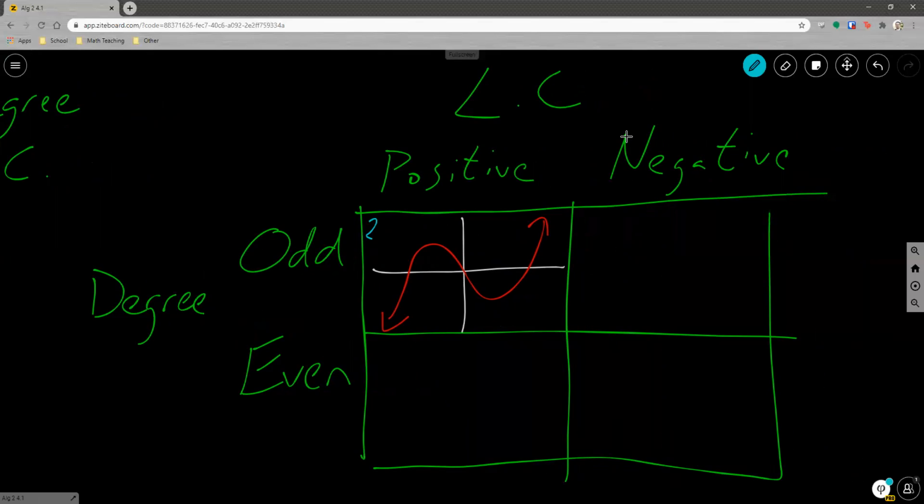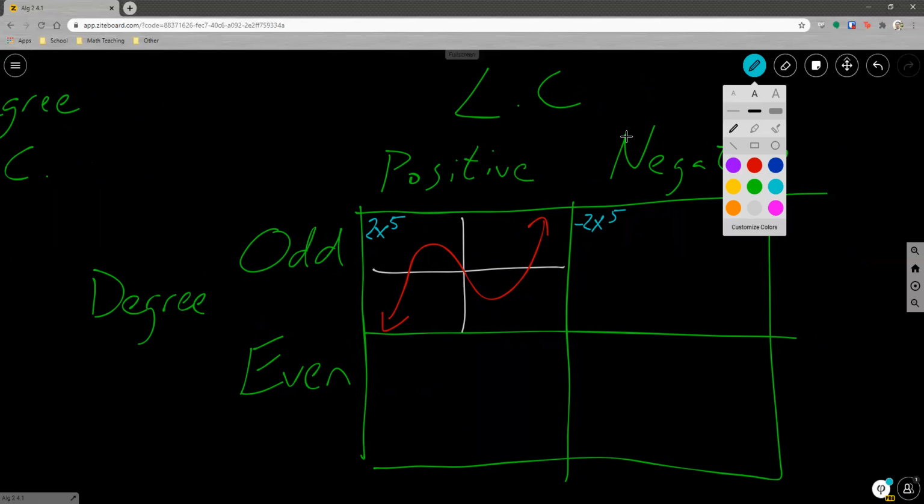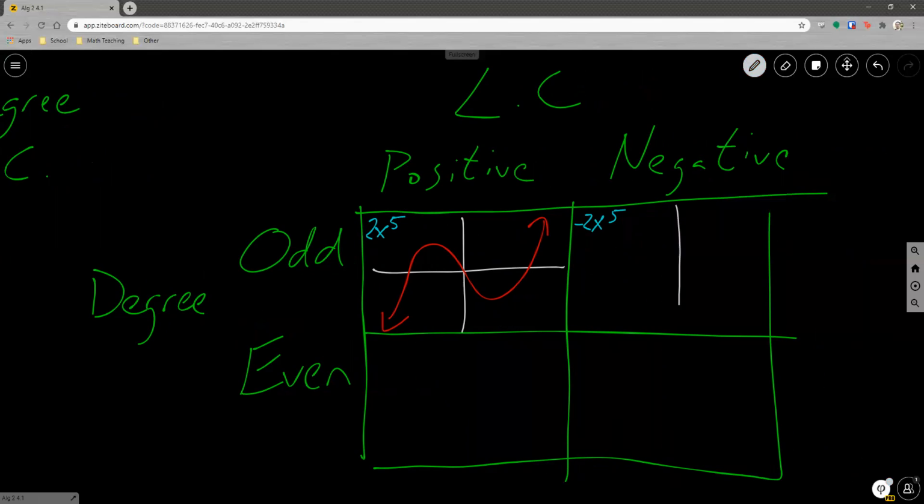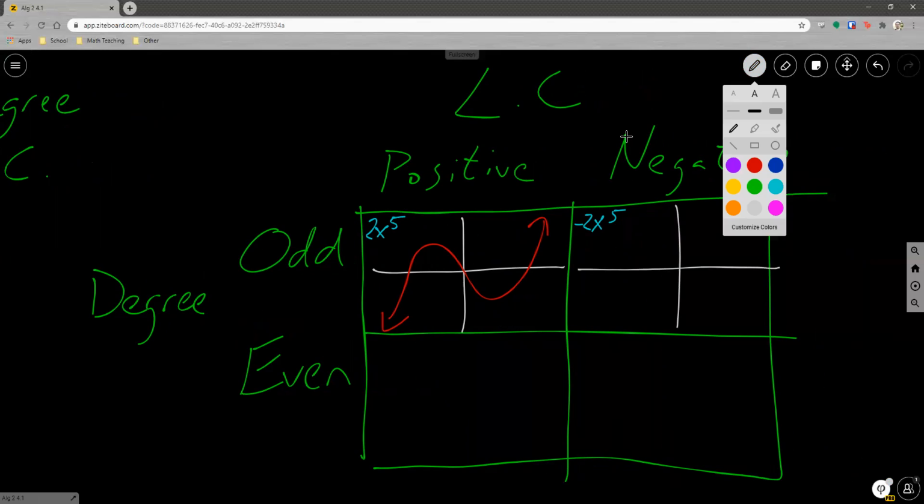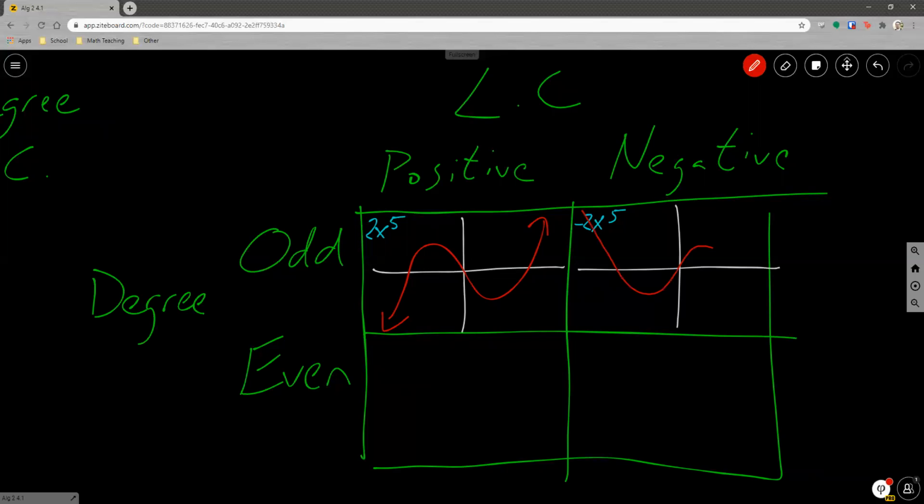I think I had 2x to the 5th? Let's say I've got negative 2x to the 5th. Well, my function is going to be effectively the mirror image, in general terms, of the function with the positive coefficient.